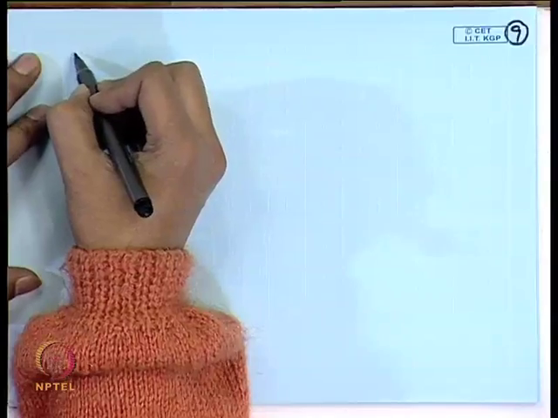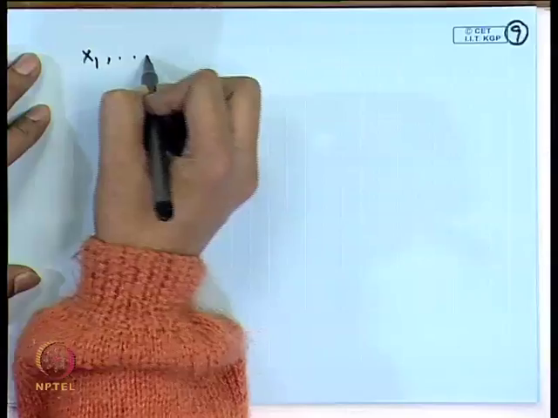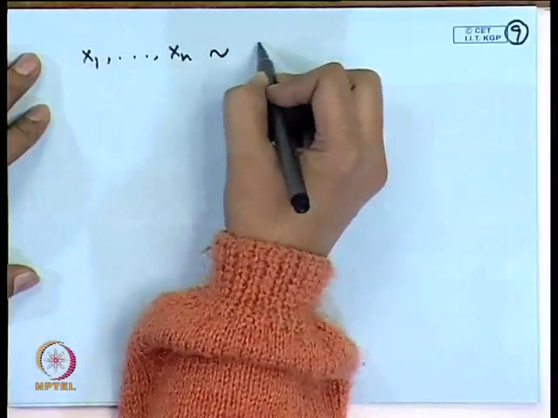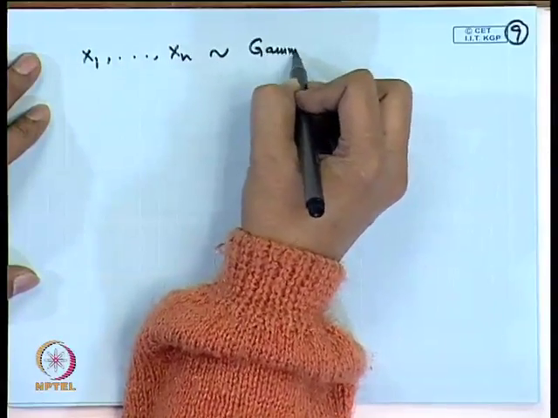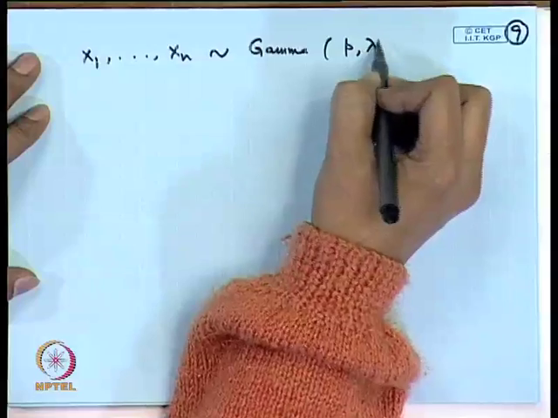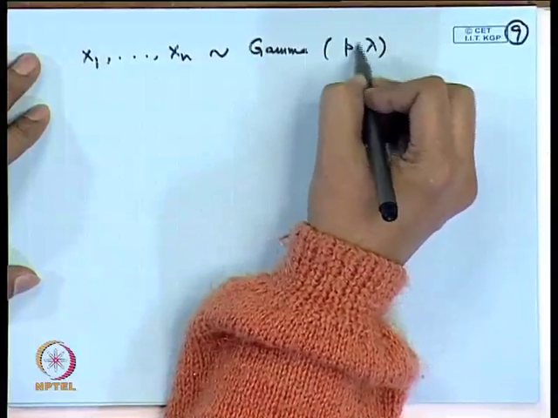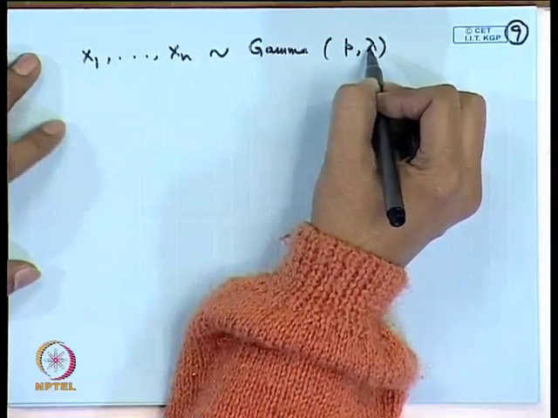I end this section with two more examples, one for a 2 parameter gamma distribution and one for a 2 parameter beta distribution. Let us take say x 1, x 2, x n following a gamma distribution with parameters p and lambda. So, here lambda is corresponding to the rate of the corresponding Poisson process.